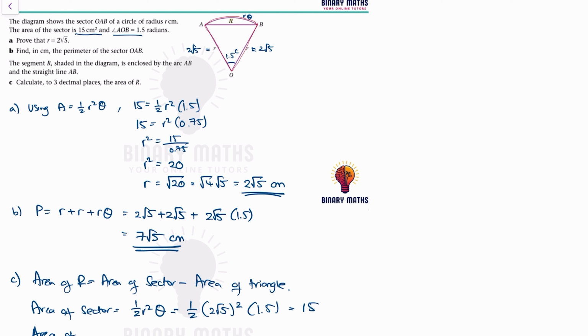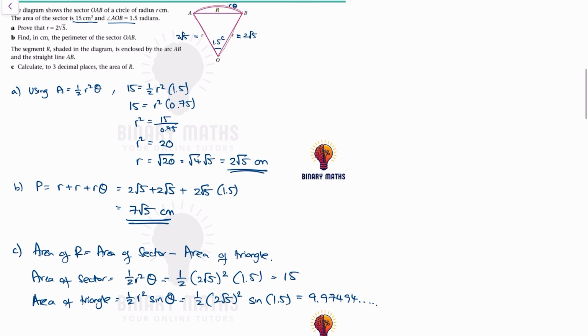Area of triangle is equal to half r squared sine theta, which is half times 2 root 5 squared times sine 1.5, which is equal to 9.97494, and so on.